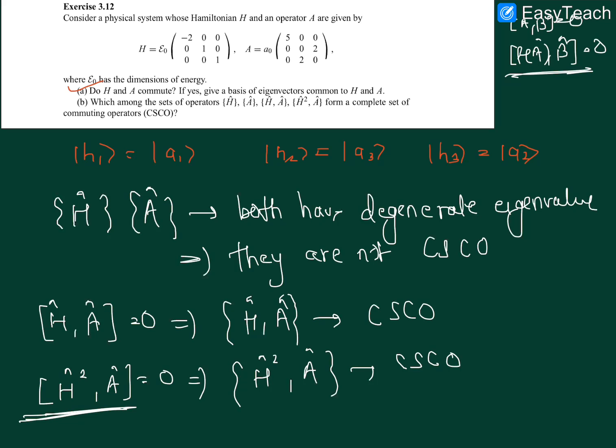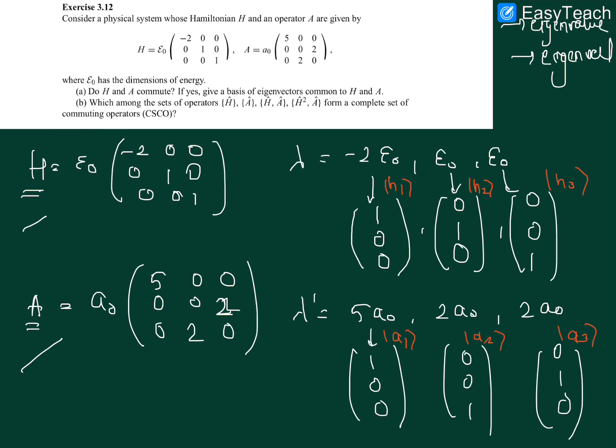I hope these two answers are quite satisfactory and helpful to you. So that is it for this particular question. One thing I would like to say is that do go through the rigorous calculation of the eigenvalues and eigenvectors for the H matrix and the A matrix.